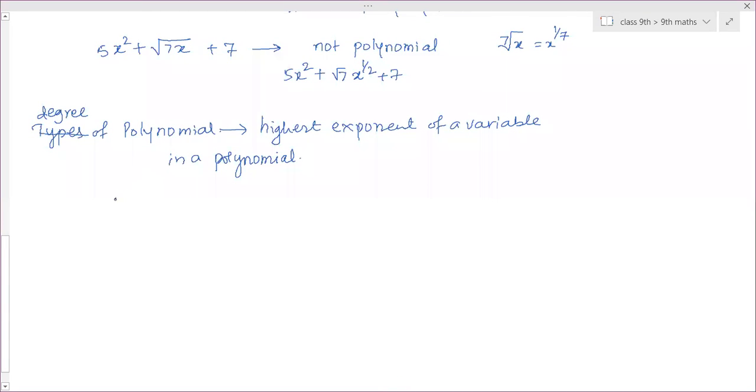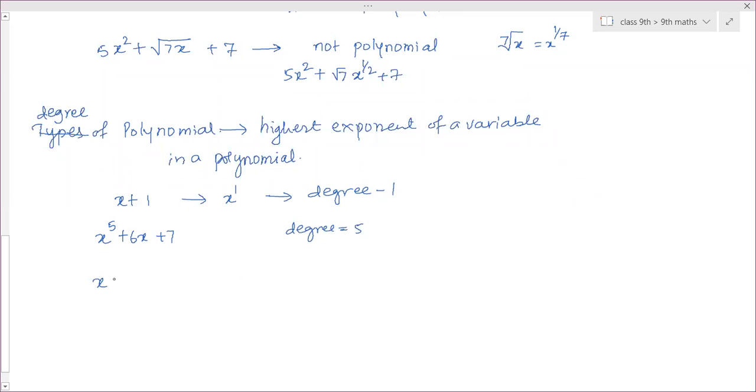For example, x plus 1. In this, what is x's power? x to the power 1. So the degree of this polynomial is 1. Now x to the power 5 plus 6x plus 7. The maximum power is 5, so the degree is 5.